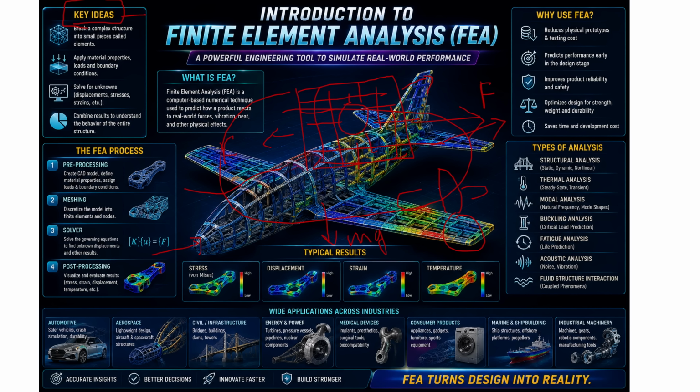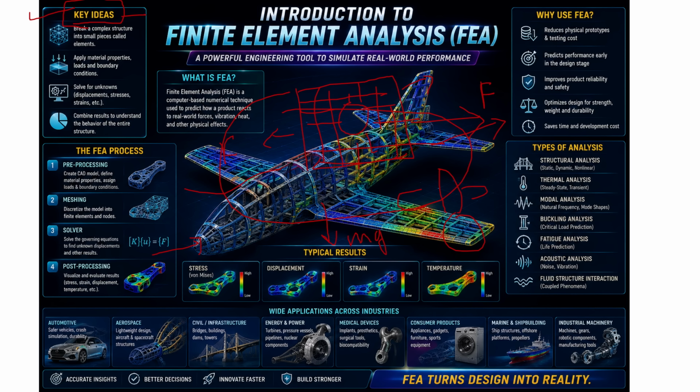So once I finish the key ideas, the key ideas I just talked about: we first divide the plate into small elements, then we apply the load to it, and then we solve for our required results.